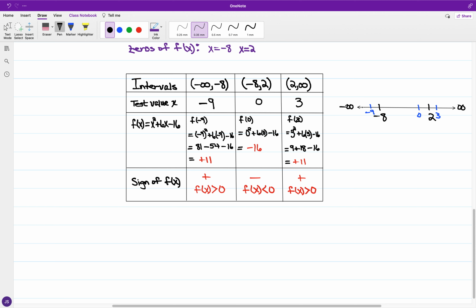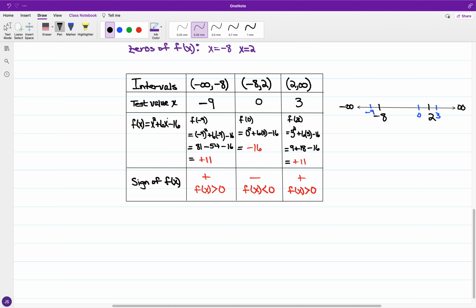I could have chosen negative 20, for instance. Between negative 8 and positive 2, 0 lies in between, but I could have chosen negative 6 or negative 5. And anything greater than 2, to the right of 2 on a number line, is going to be a possible test value.